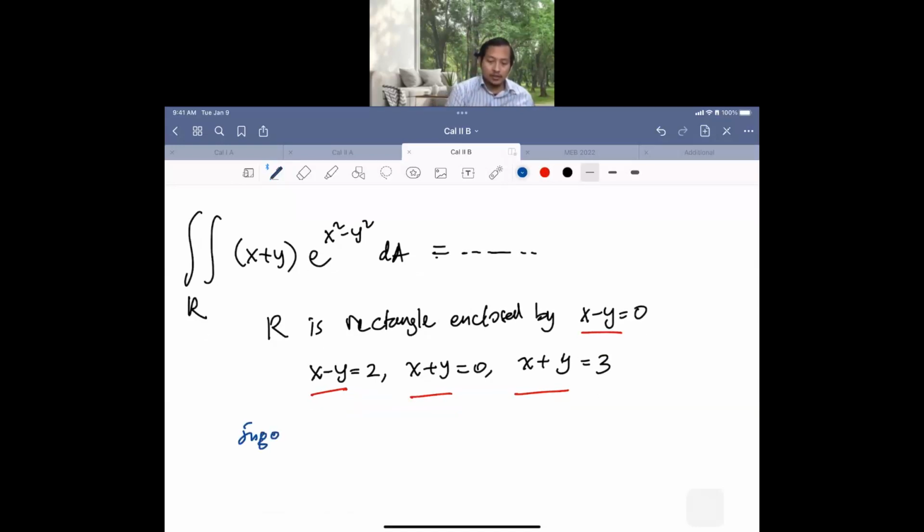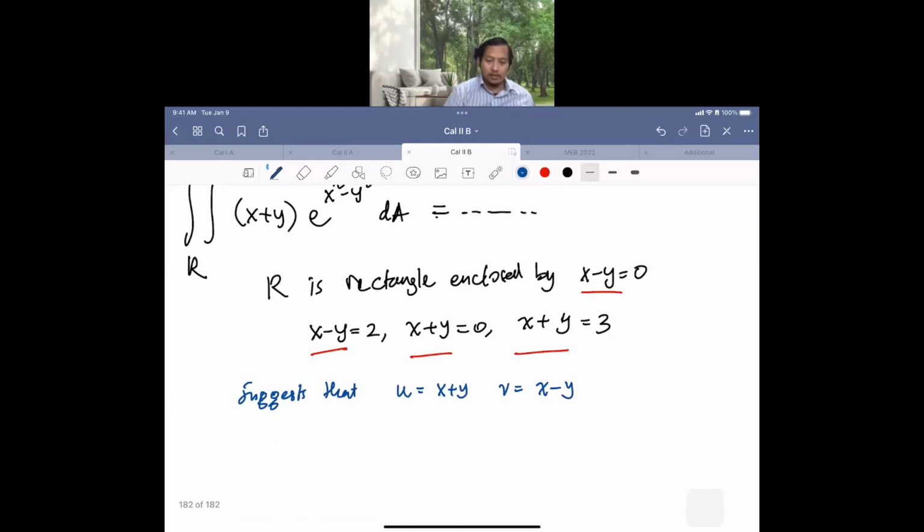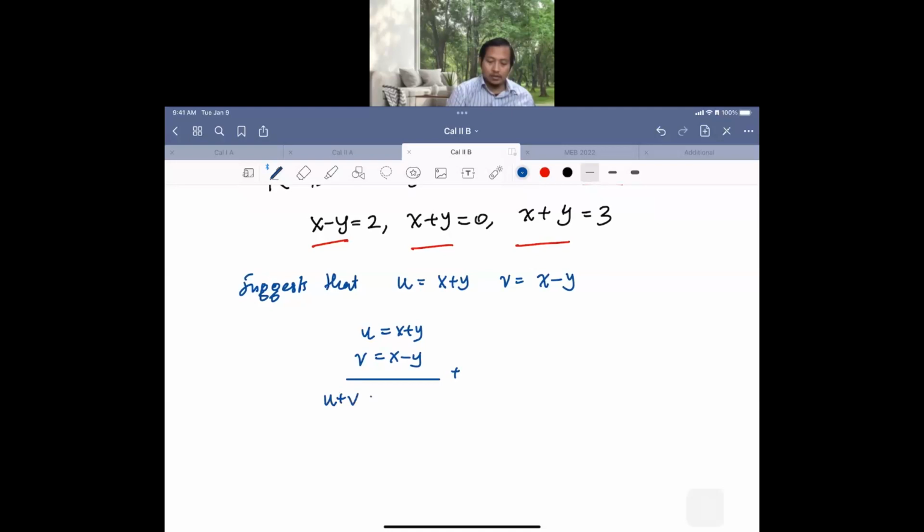So it suggests that we can let u be x plus y and v be x minus y. From here, we can get x and y: x is half of u plus v, and if you take the difference, it will be 2y, so y is half of u minus v.